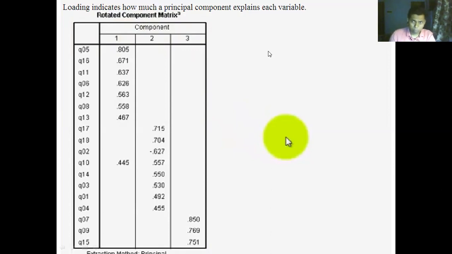So that's why when you have a huge amount of data, suppose you have hundreds of variables and you'd like to reduce your data set, in that case you can apply it. So the objective of principal component analysis is only to reduce the data set. That's it.